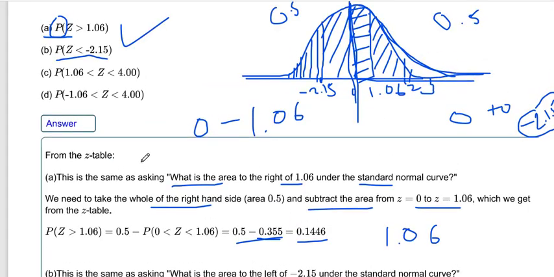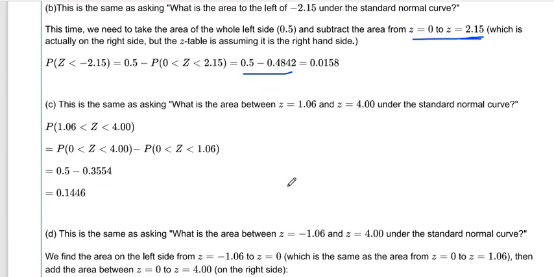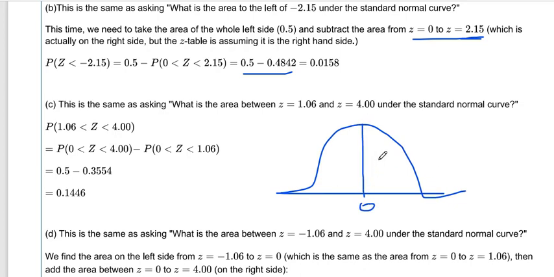Next is the probability of 1.06 to 4. This is as simple as that. Here is 0, this is 1.06, and this is z equal to 4.